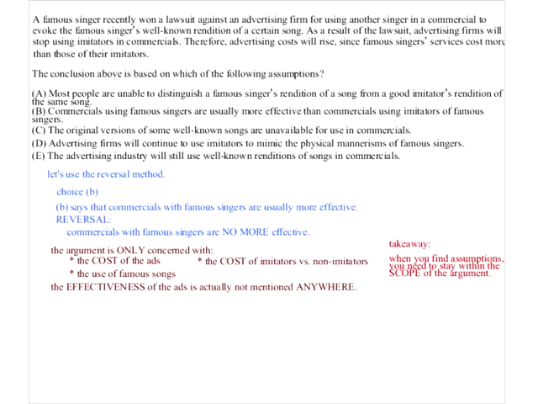Let's look at choice E. Choice E says that the advertising industry will still use famous singers. What's the reversal of this? Go ahead and type in the text box, please. What's the reversal of that statement? The reversal is the industry will no longer use famous singers.